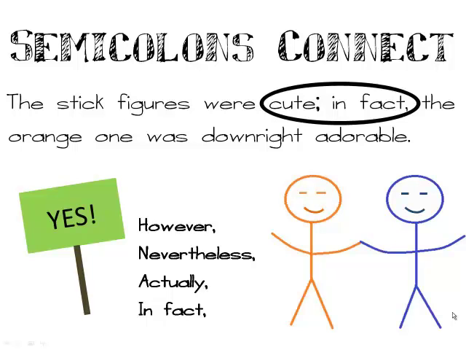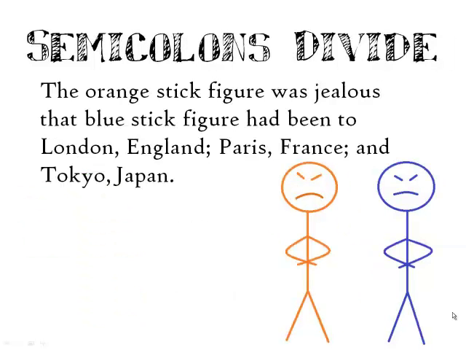So now that we've talked about how semicolons connect, let's quickly cover how semicolons divide. And there's really only one way that they can divide, and this is in lists which already have components with commas in them. So if you're listing countries and cities, each individual country and city is going to have a comma inside it. London, comma, England. Paris, comma, France.